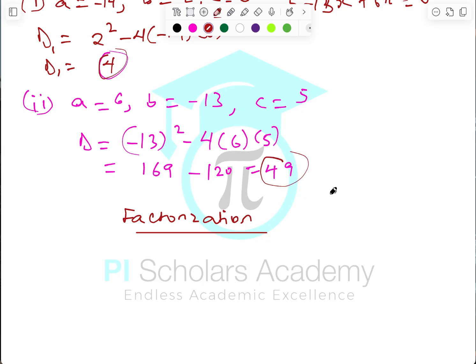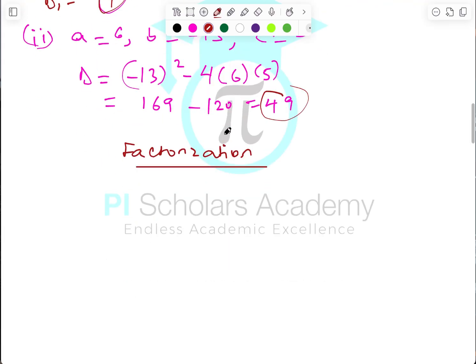For 49, they are perfect square because the square root of 49 is 7, square root of 4 is 2. That implies that such quadratic equation, you can solve them by factorization method. Once you have a perfect square as your discriminant, then such quadratic equation can be solved using factorization method. So you can see the usefulness of knowing how to handle your discriminant properly.